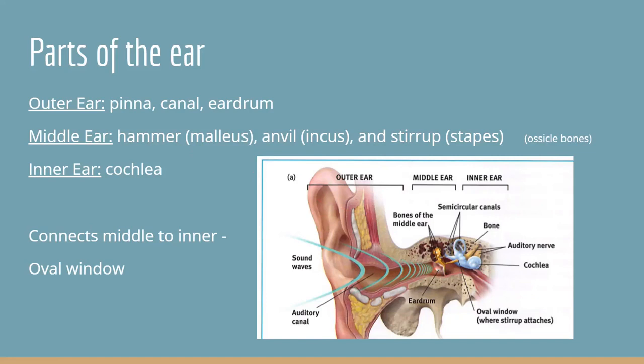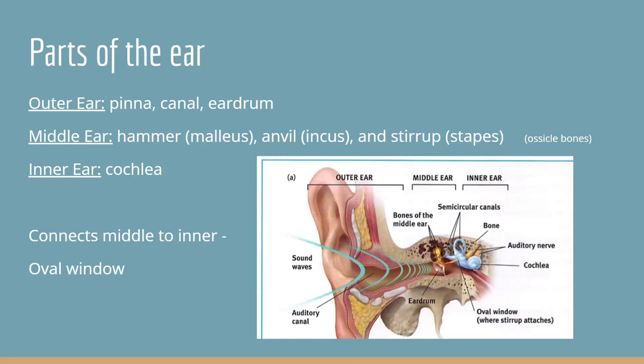And then the middle ear, this has the ossicle bones, and there are 3: hammer, anvil, and stirrup. Those are what we commonly see the names as, but just keep in mind that they are called malleus, incus, and stapes. But you probably don't need to know that, but they're called hammer, anvil, and stirrup.